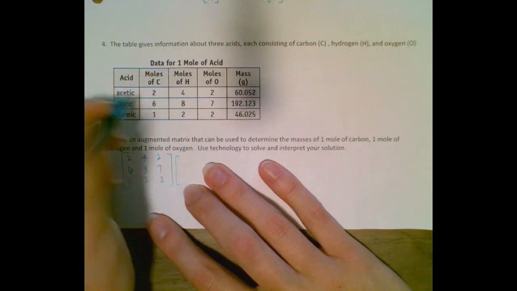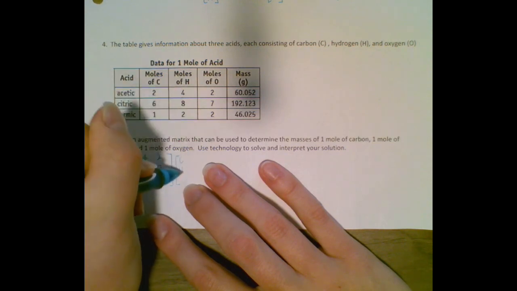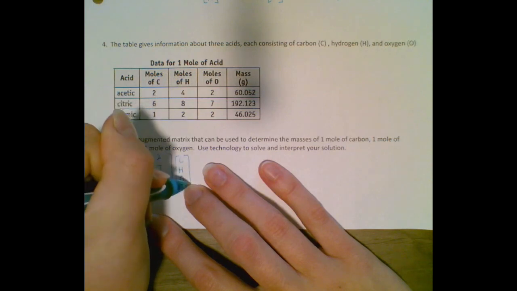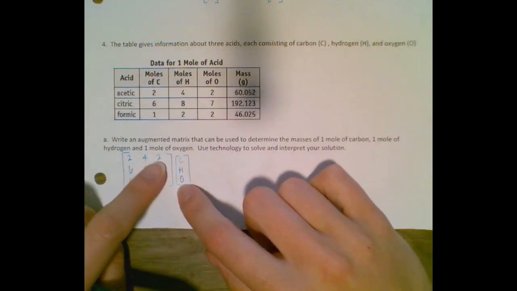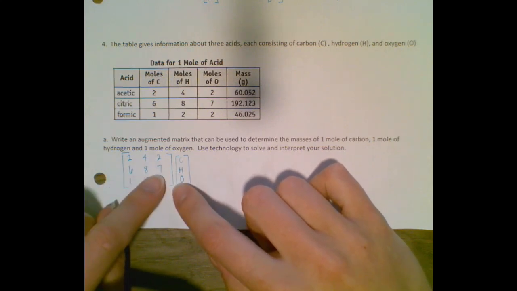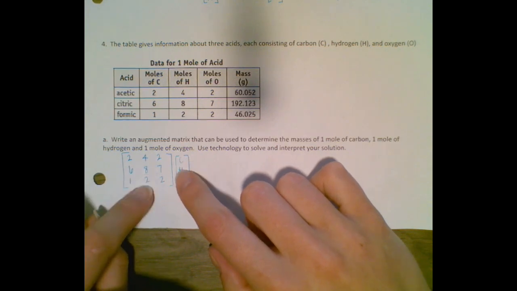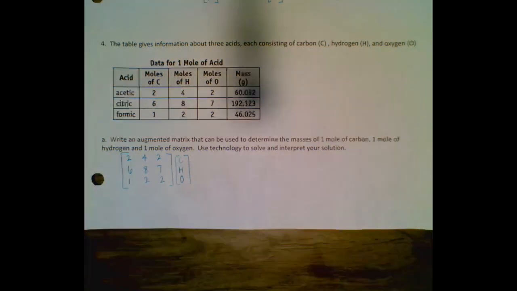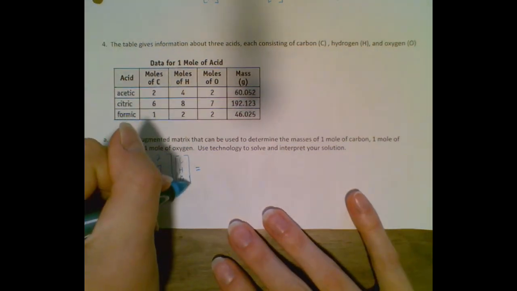And those are represented by the carbon, the hydrogen, and the oxygen. And that should make sense. 2 carbon, 4 hydrogen, 2 oxygen. 6 carbon, 8 hydrogen, 7 oxygen. 1 carbon, 2 hydrogen, 2 oxygen, okay? So there's our augmented matrix.